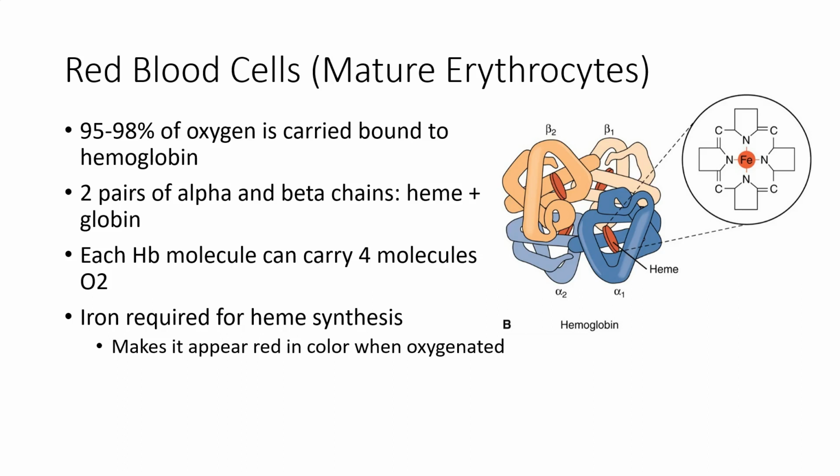Hemoglobin is a natural pigment, and it has a high iron content. In fact, iron is required for the synthesis of heme. And so when oxygen is attached to the hemoglobin, our blood appears red. And when the blood is deoxygenated, it has a bit of a bluish tint.